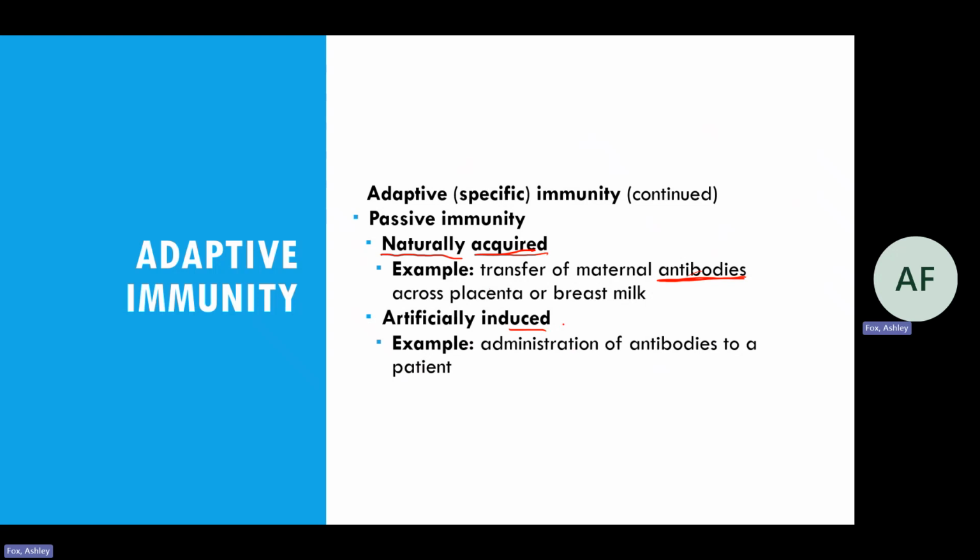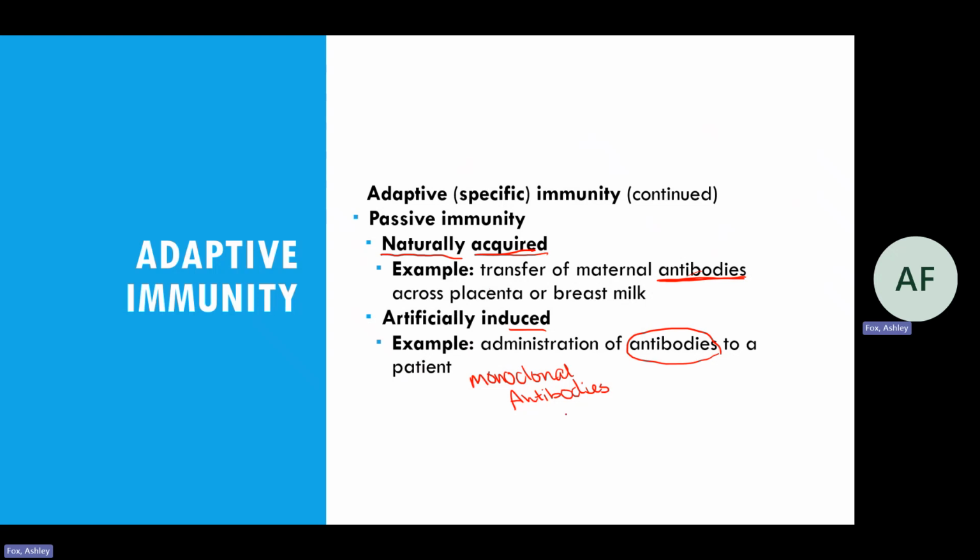We also have artificially induced, which again is man-made and passive, where we're actually giving antibodies to a patient. We saw this a lot when we were dealing with COVID. So monoclonal antibodies were given to COVID patients. The person was really, really sick and their immune system was lagging behind fighting off the virus.